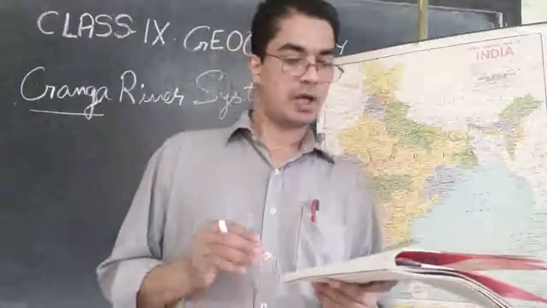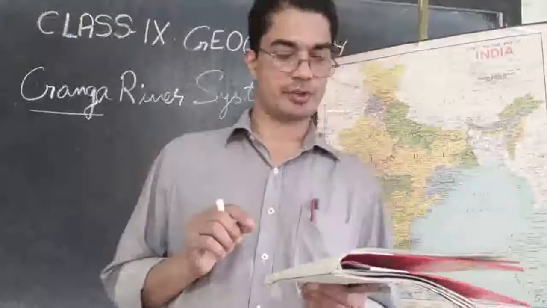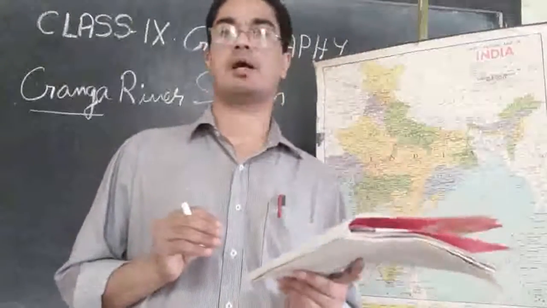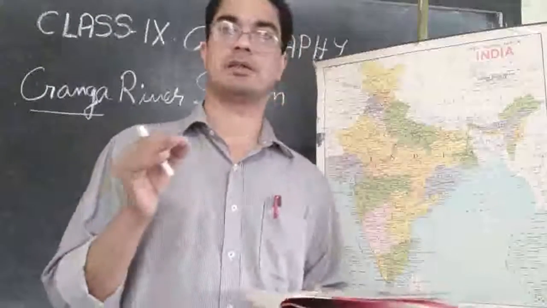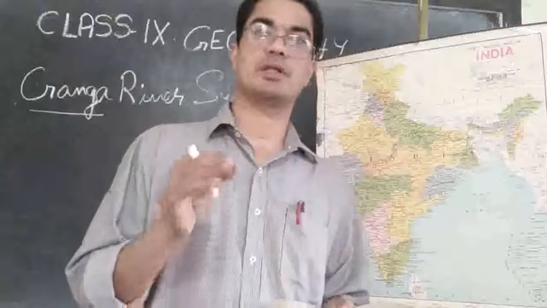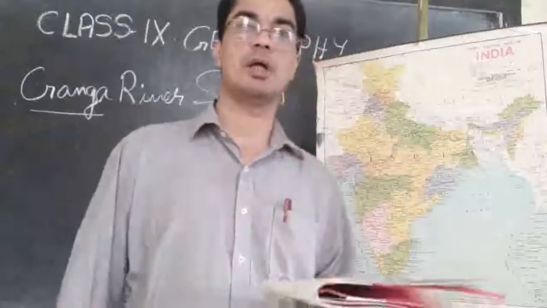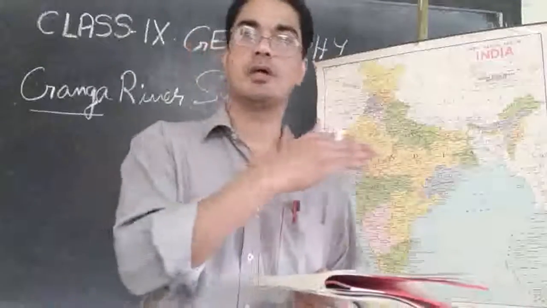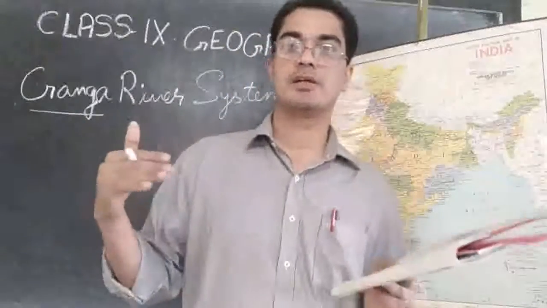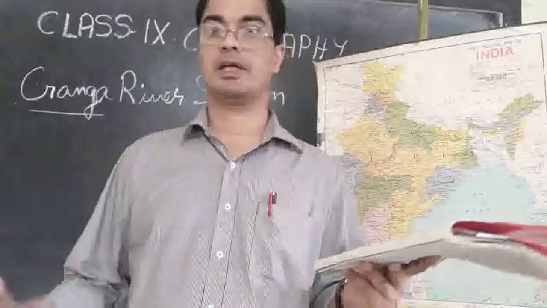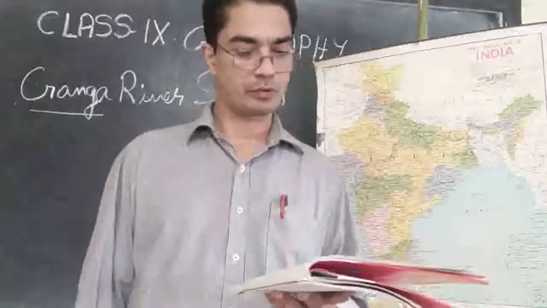As a right bank tributary it meets Ganga at Allahabad. So it is at the place called Allahabad that this river Yamuna is coming and joining Ganga. Till that time they flow in the same line. But when it reaches Allahabad, they get merged, they get together.